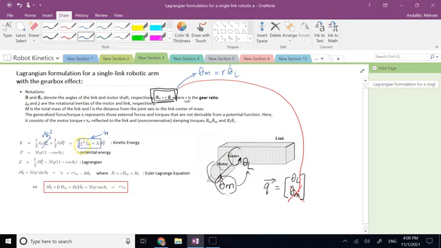If R is 100, R squared is 10,000. So although J of the motor can be much less than J of the link in real life, when you multiply it by 10,000, now it can even dominate J of L, right? And be much larger than that, or comparable if the link is quite heavy.